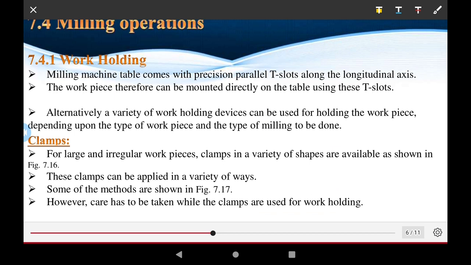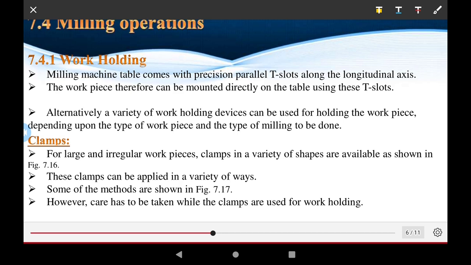Clamps are also required before and after the operation performed on the machine, and clamping is a regular part of the work.